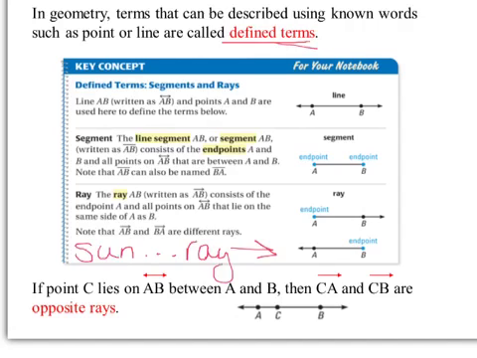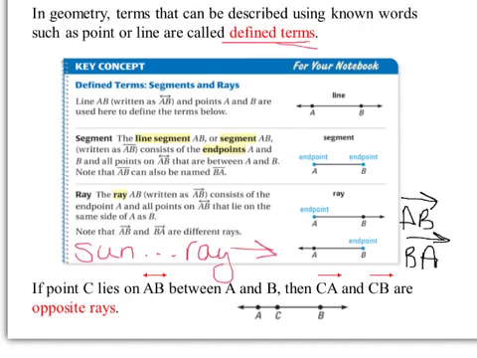Because we have here ray AB, it always starts at point A and goes through B with an arrowhead on it. Okay? Ray BA is different. B is first in ray BA, so you have to write B first, and then it goes through A. Okay, you've been told that this is ray AB, and this is ray BA, and they are not the same.